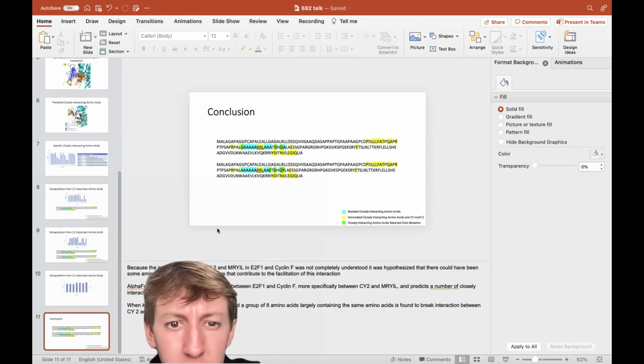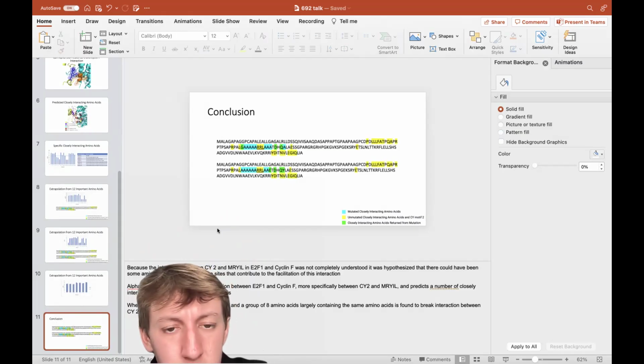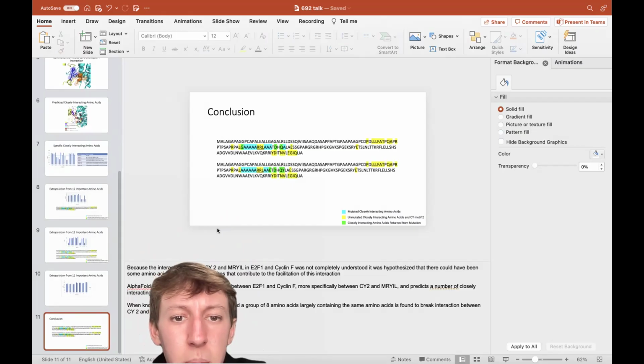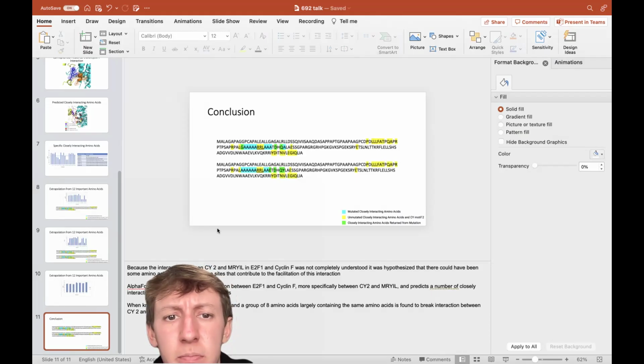And so from there, we can jump to testing these more in lab in vitro, and these trials in AlphaFold have made it so that we can not waste materials and not waste time trying to figure out how specifically these interact, because there are a lot of different mutants that were predicted and tell us a lot about the interaction between these proteins, and no science actually had to be done in the lab.